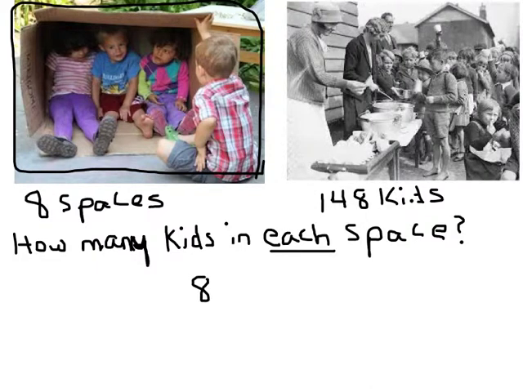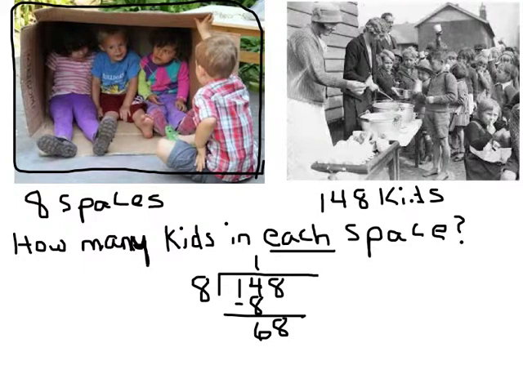So I'm, again, going to use division and see if this works. 8 into 14 will go one time, and that's 8. Subtract, and I get 68, and that will go 8 times 8 is 64. Subtract, and I have 4. So I have a remainder of 4.